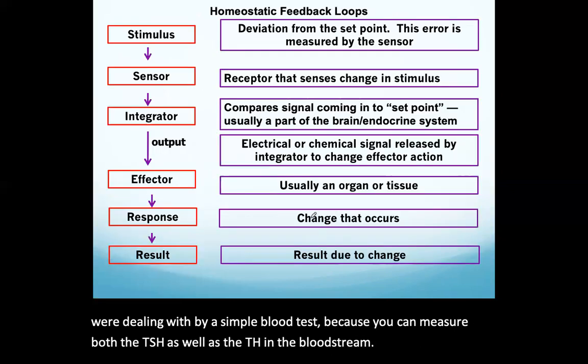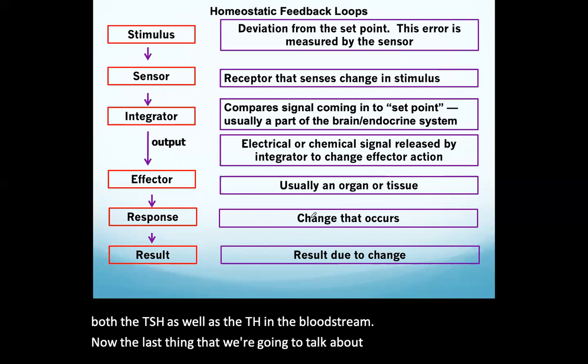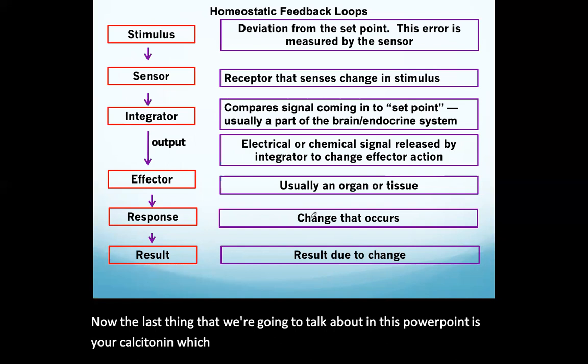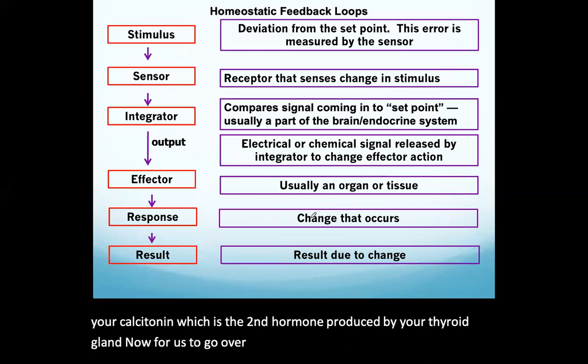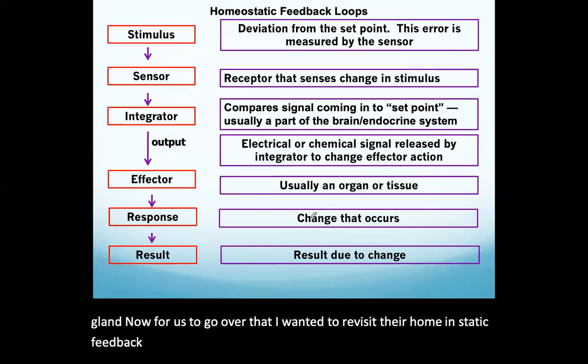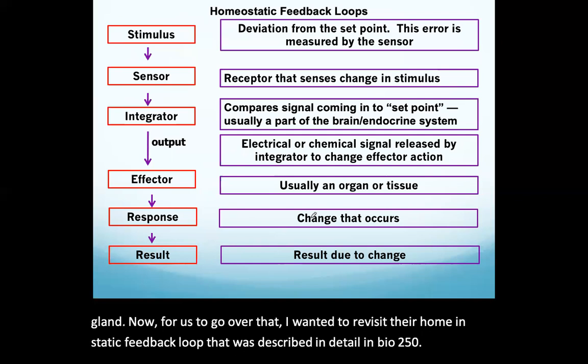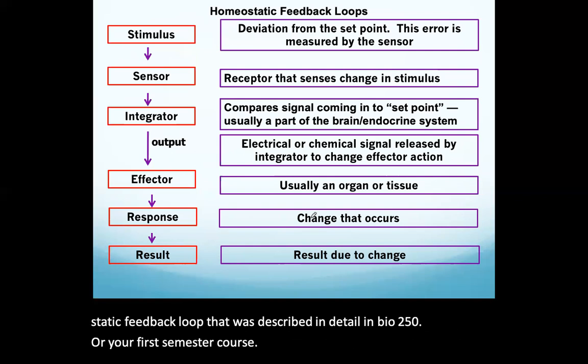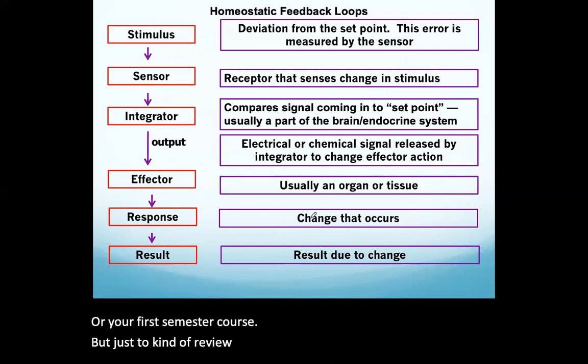Now, the last thing that we're going to talk about in this PowerPoint is calcitonin, which is the second hormone produced by your thyroid gland. For us to go over that, I wanted to revisit the homeostatic feedback loop that was described in detail in Bio 250 or your first semester course, just to review this and make sure everybody is on the same page.